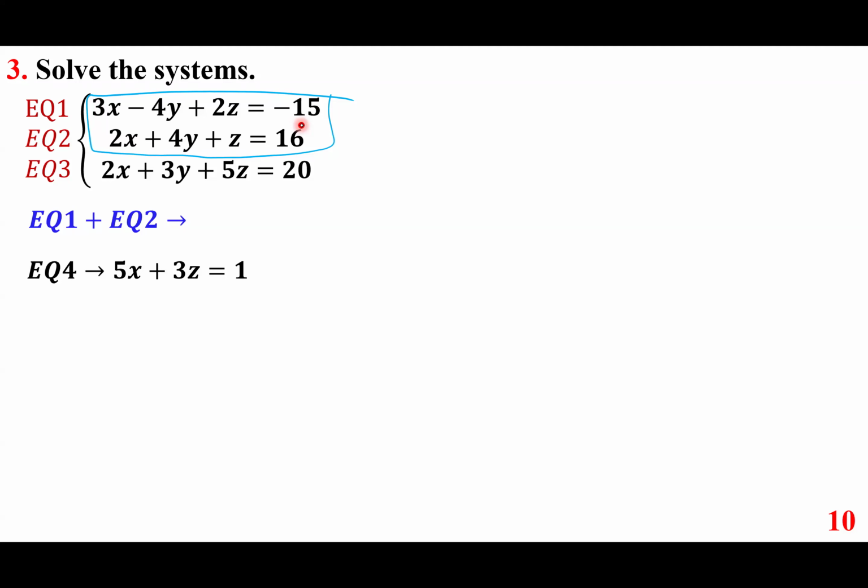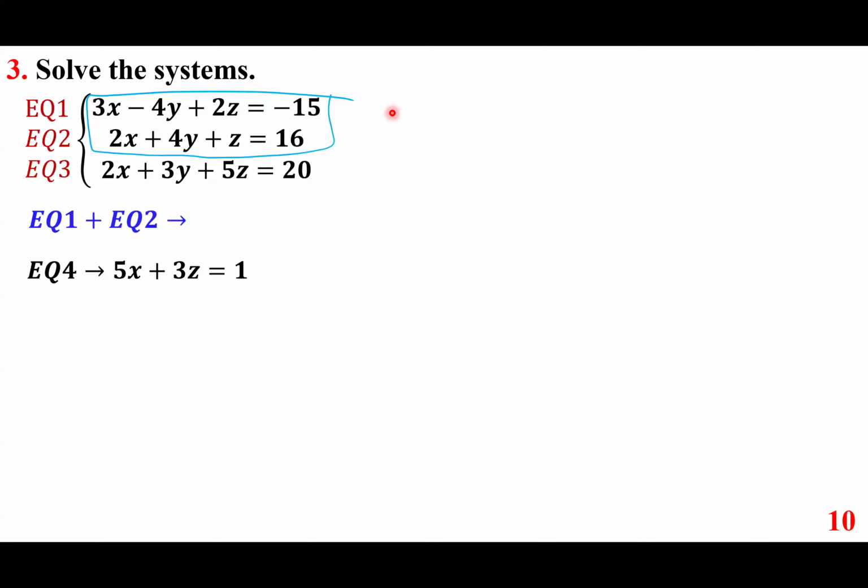Now, which equation was not used yet? Equation 3 must be used. Do you use it with the first one or second one? Makes no difference. It's your choice. Doesn't matter, but this must be used. Because this has an opposite sign, perhaps this is easier.